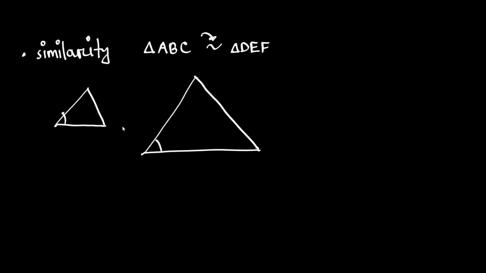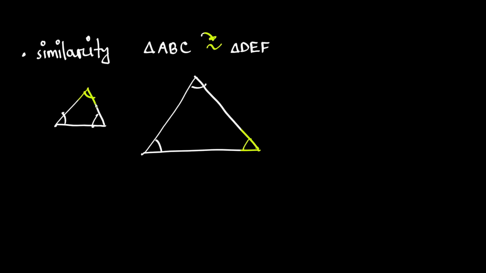Like this angle equals this angle, this angle equals this angle. We just took it a bit differently, but three angles are equal, so the triangles are similar, and we use this symbol to say similar. So triangle ABC is similar to triangle DEF.